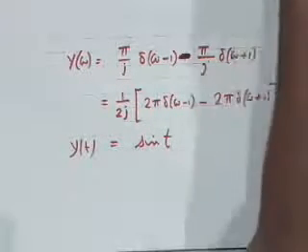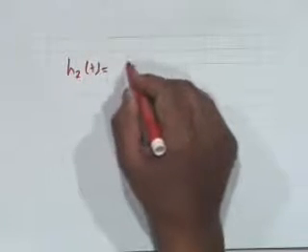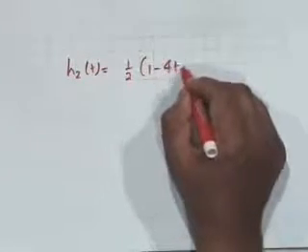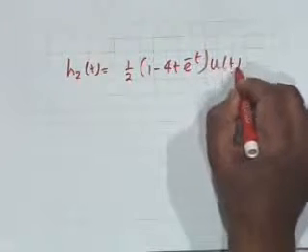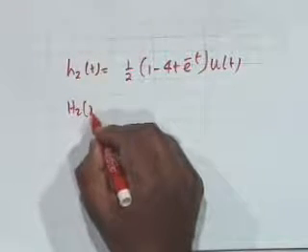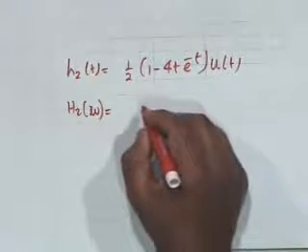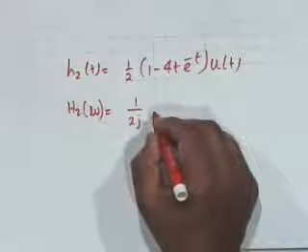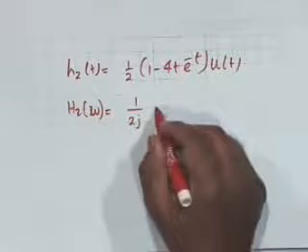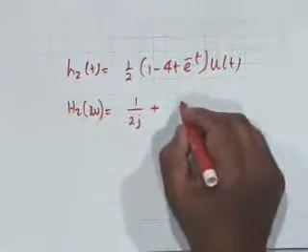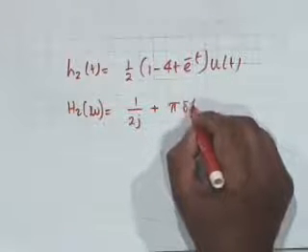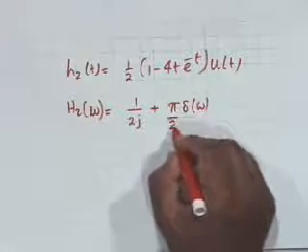In a similar manner, the other function, that is h2 of t, is equal to half 1 minus 4t e to the minus t u of t, and therefore h2 of omega should be 1 over 2j omega for the factor 1 plus, yes, pi delta omega divided by 2.